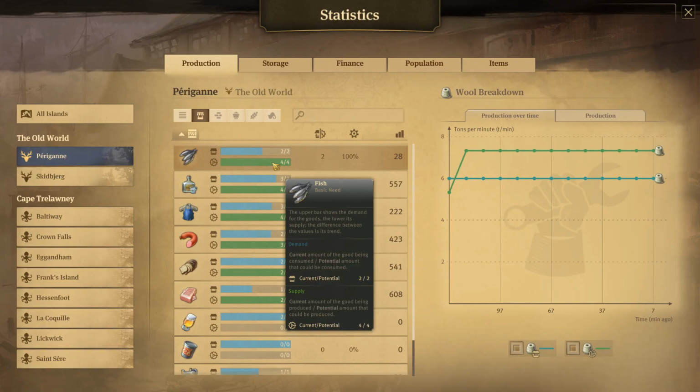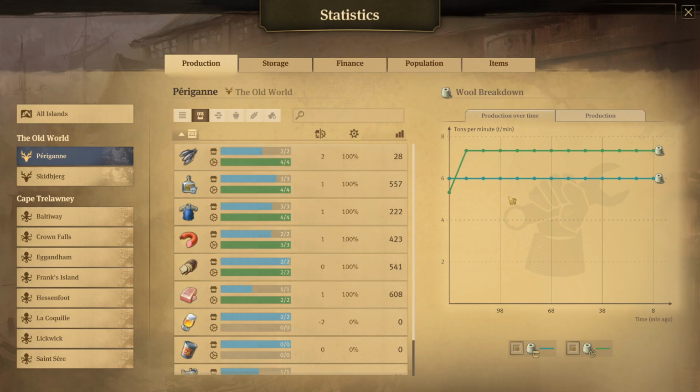Now I'm underproducing fish and it's going to start eating into my fish stocks until I build another fishery. That 60 fish is more than enough to allow me time to fix my fishing industry and get more fish coming in. All I'm doing is creating a buffer stockpile. That's all it's for. And I'm selling anything over that buffer stockpile that I do not want.